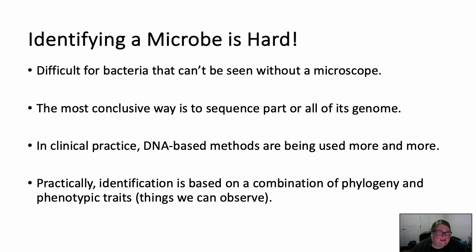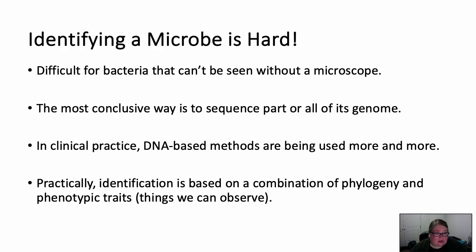I will say in the last 10-15 years, most medical practices are starting to get the technology and using more and more DNA-based methods in their practice. But not everybody can afford to get a DNA sequencer. They don't have staff that can run a DNA sequencer. So what do we do if we don't have access to that?